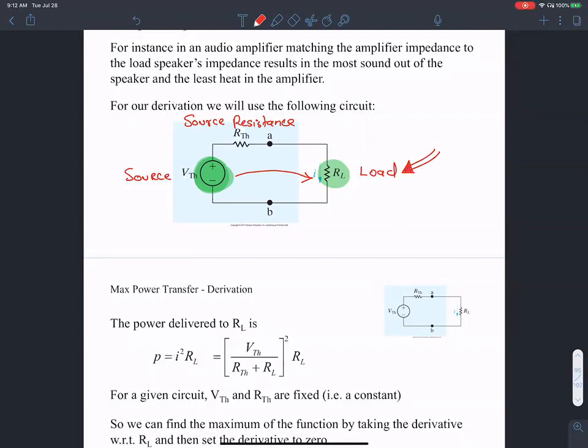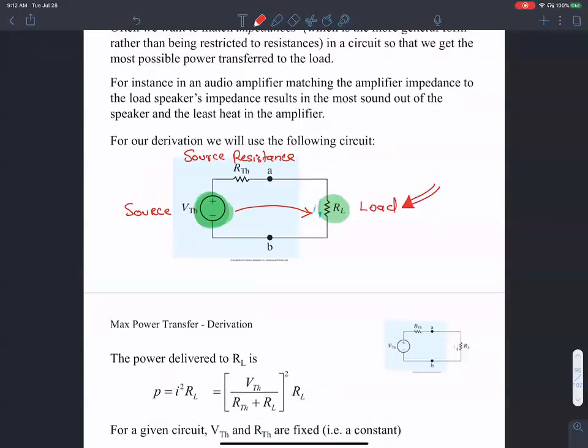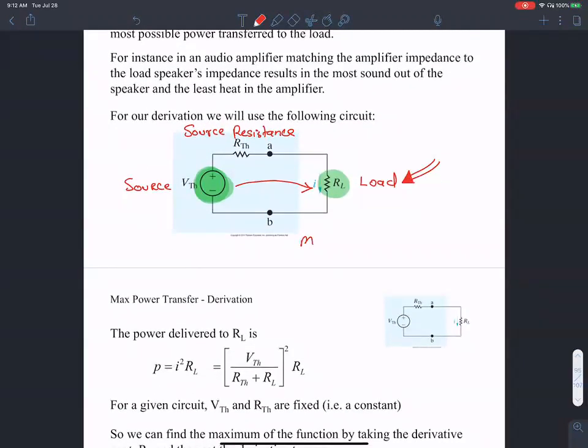The theorem says maximum power is delivered when the source resistance is matched to the load resistance. It's called resistance matching or impedance matching. That's all there is to the power transfer theorem.